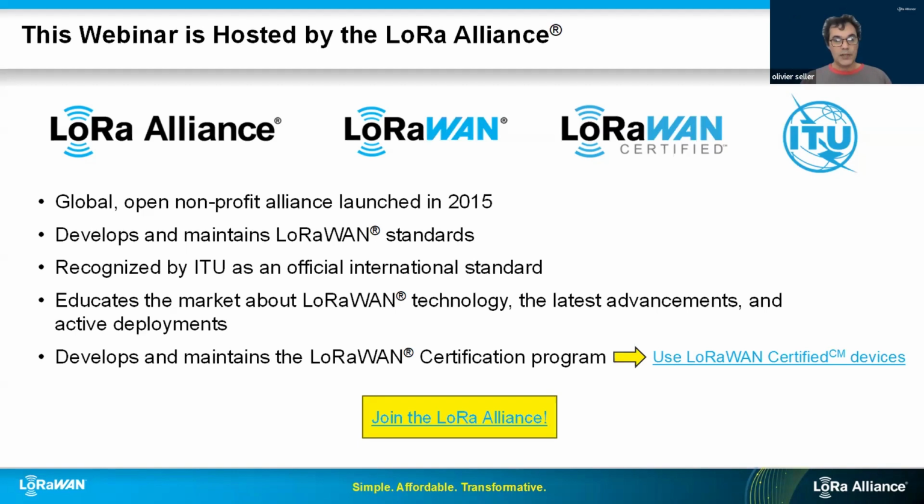And last but not least, we develop and maintain a certification program which allows device manufacturers to put the LoRaWAN certified mark on the devices, but more importantly, which ensures interoperability between any LoRaWAN network and any certified device. Again, if you want to contribute to any of this or stay up to date, consider joining the Alliance.